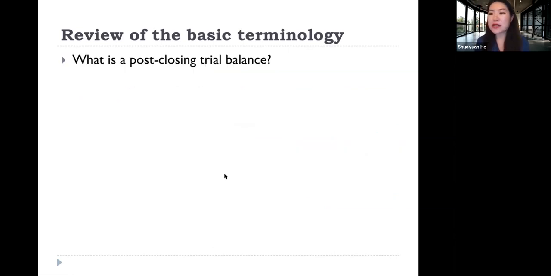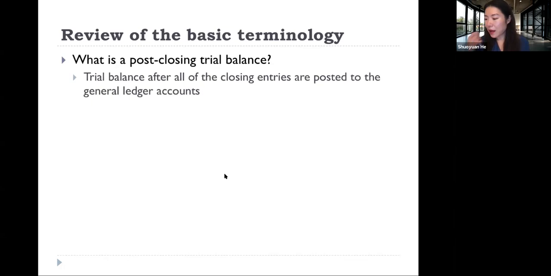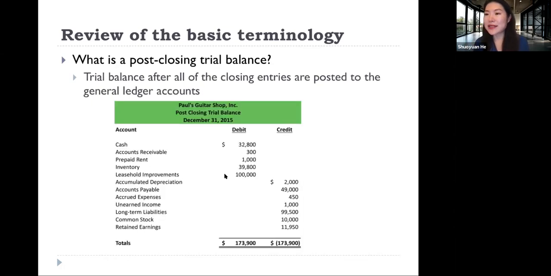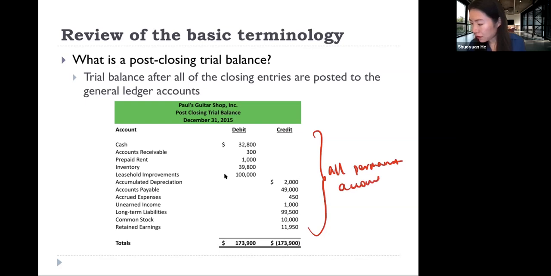What is a post-closing trial balance? A post-closing trial balance looks like this. So what is the difference between this one and the previous one? As you can probably see, all of those are permanent accounts, and there's no temporary account here.